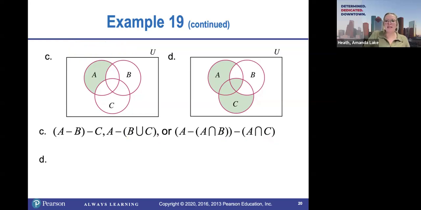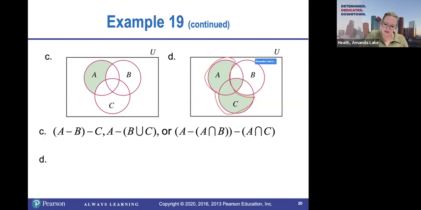All right, on the right-hand side, we've got A without B, but including the overlap that it has with C here. So this one's a little tricky, but I kind of see this as two parts where maybe we think about this part of the diagram first.